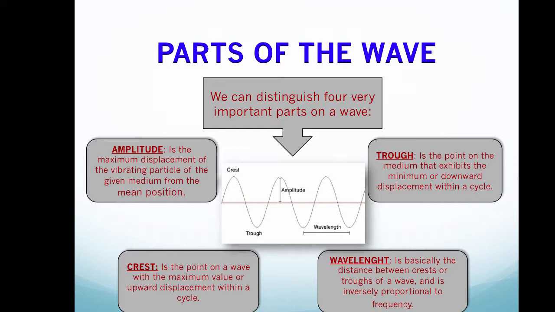Wavelength is basically the distance between crests or troughs of a wave and is inversely proportional to frequency. Trough is the point on the medium that exhibits the minimum or downward displacement within a cycle.